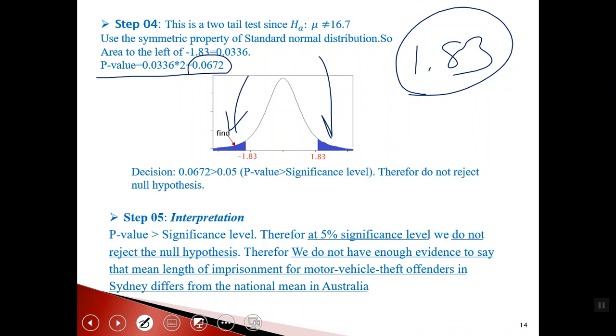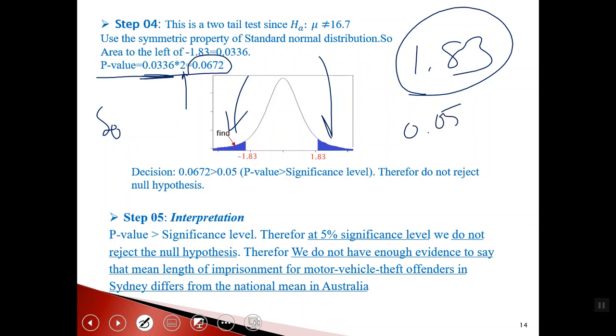Since it is two-tail, 2 times your delta naught. Do you remember that delta naught value? This is the delta naught value, calculated from the standard normal table. So this value is 0.0672. You have to check whether it is greater than or less than your alpha 0.05.